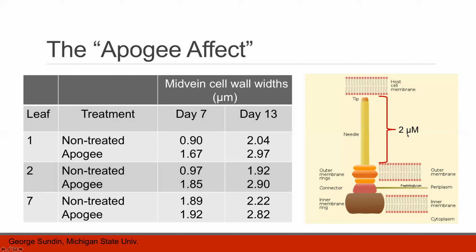So you see that the 2 micrometers is similar to what the cell walls actually will thicken up to at 2 to 3 micrometers. So this is very, very interesting to me because it has an effect on the mechanisms that Erwinia uses to infect the plant tissue.